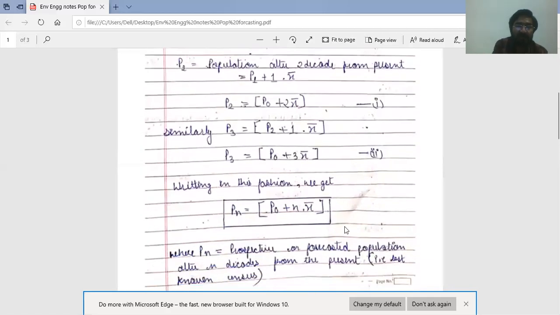We can write the formula in this way. We get Pn is equal to P0 plus n into X bar, where Pn is the forecasted population after n decades from the present, that is the last known census.